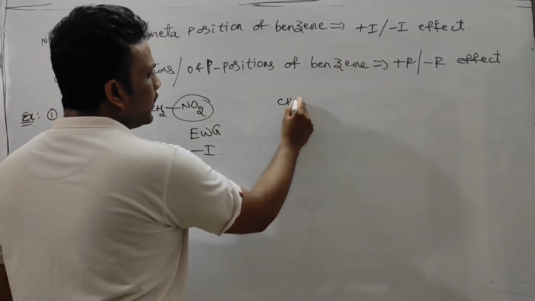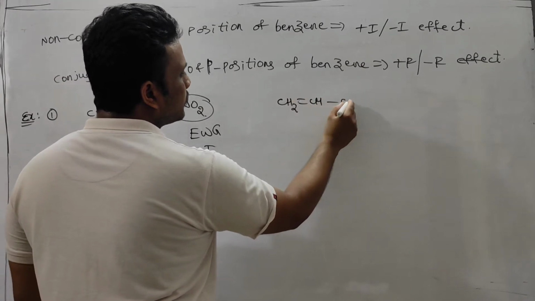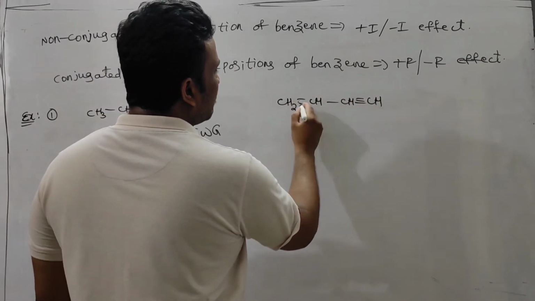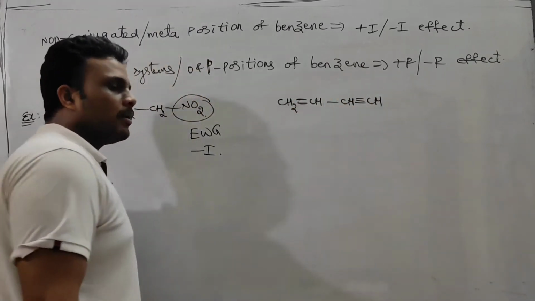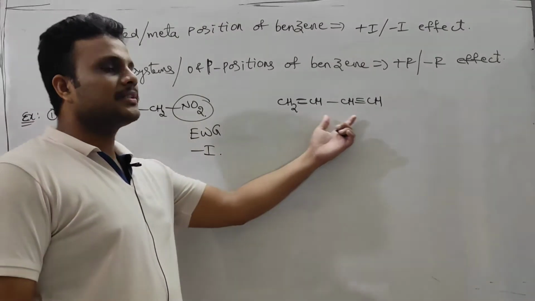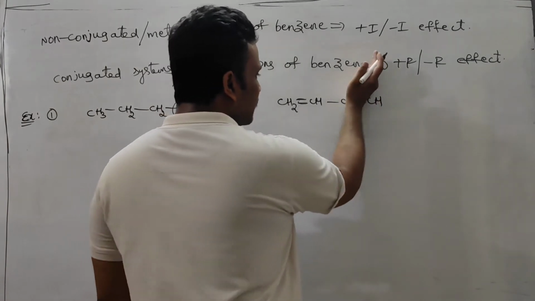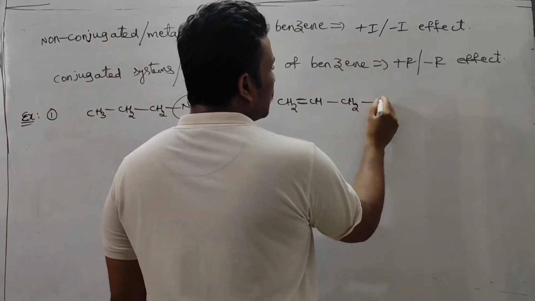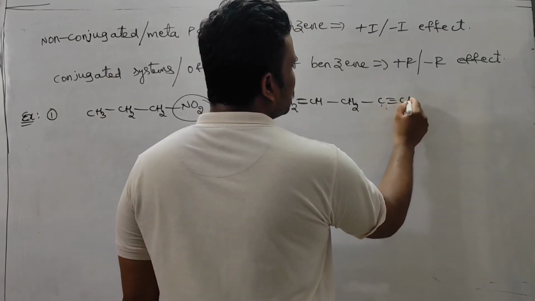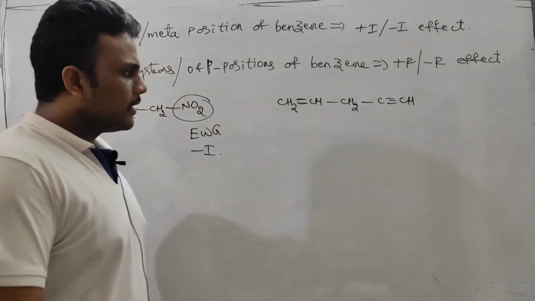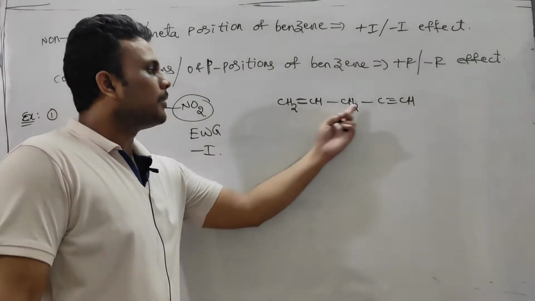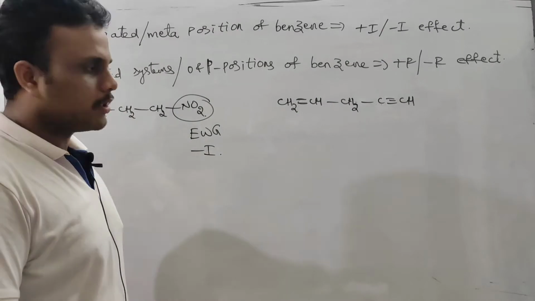Already I told you this vinyl group and this triple bonded carbon come under minus I. But if both are present in the same compound, I am going to take some non-conjugated system like this. It is a non-conjugated system because the two multiple bonds are separated by two single bonds.